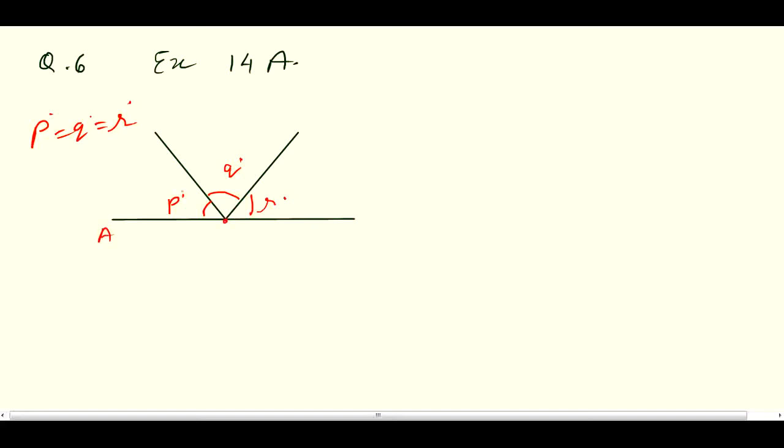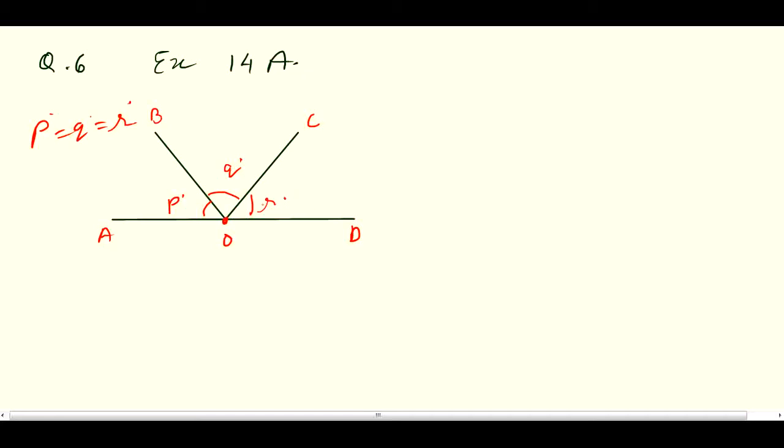Name this one as A, B, C, D, and this is O. Again AOD is a straight line, and a straight angle is here, and that straight angle equals 180 degree.